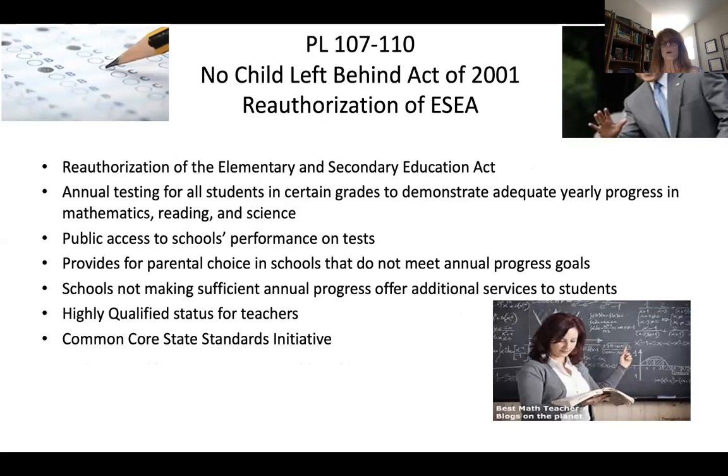It also provided parental choice when parents did not feel that schools were meeting annual progress goals for their child. The initiative for Common Core state standards was within this act, and over time, some states had adopted it and some states had not.